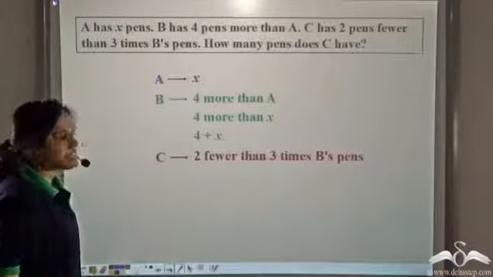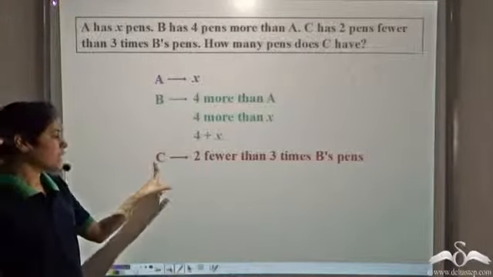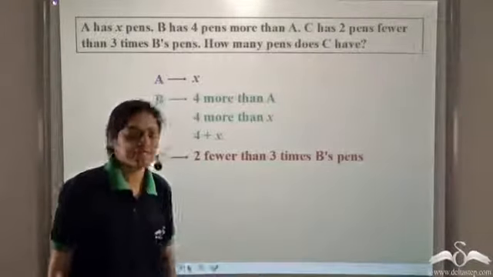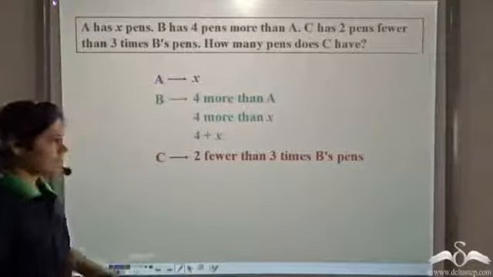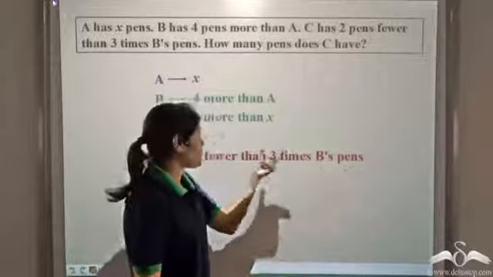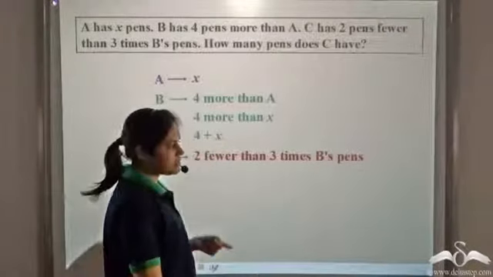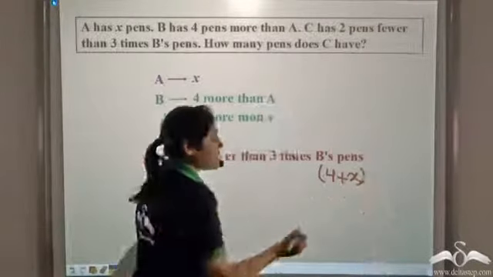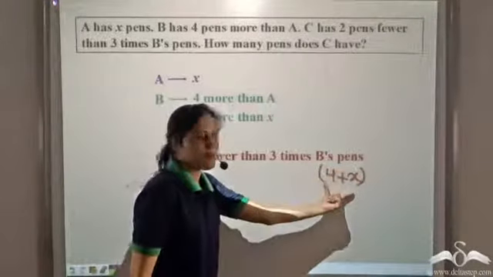Now let us try and solve for C. C has 2 fewer than 3 times B's pence. So how many pence does B have? B has 4 plus x pence. So we can replace this part, B's pence, with 4 plus x.